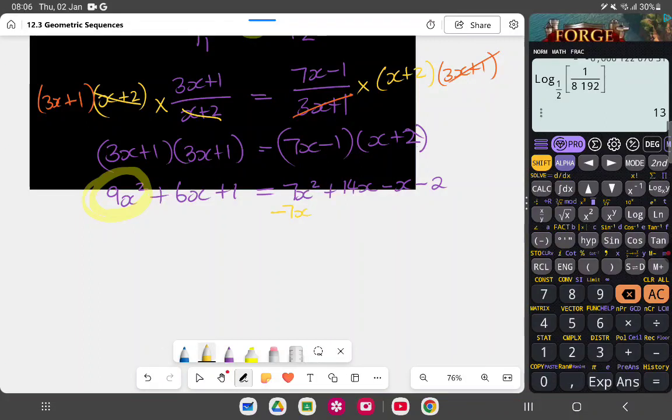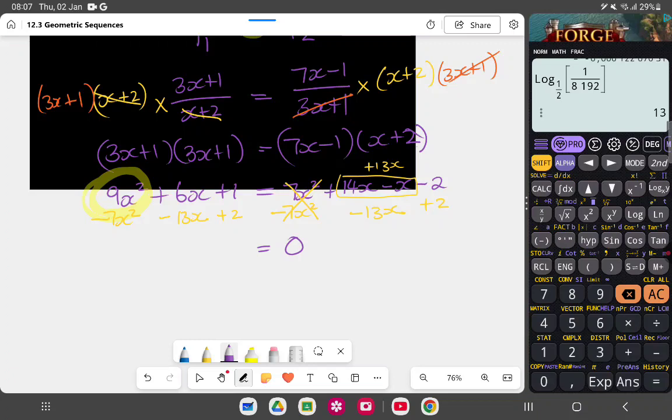To do this, I am going to say minus 7x squared, take that away, so minus 7x squared. This together makes positive 13x, so I'm going to say minus 13x, and on the left hand side minus 13x. That's minus 2, so plus 2, plus 2. So what do I have?